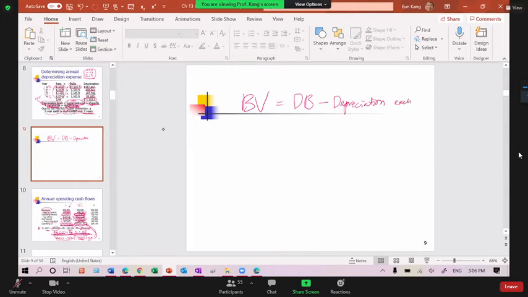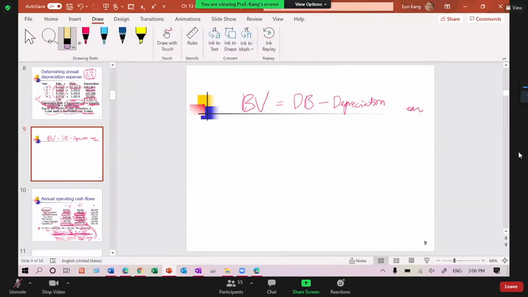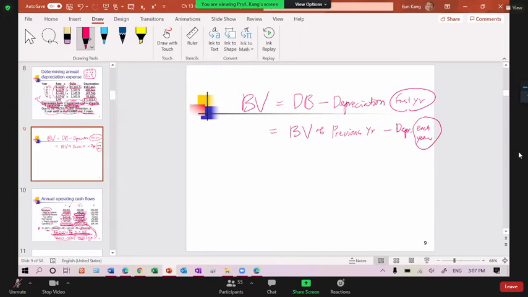For the first year, book value is the depreciable basis minus the first year's depreciation. Then each year from the second year, book value equals the book value of the previous year minus depreciation.